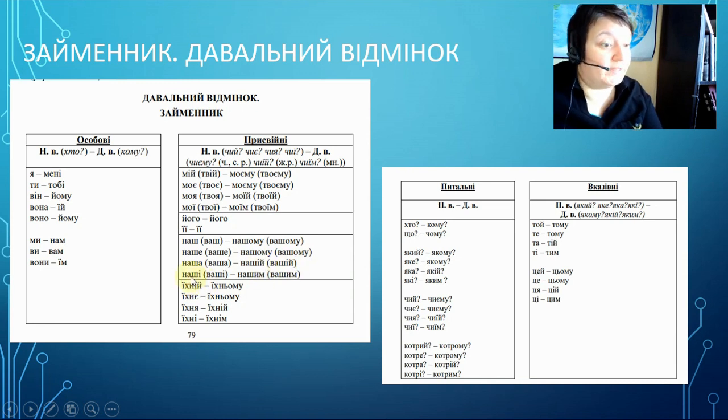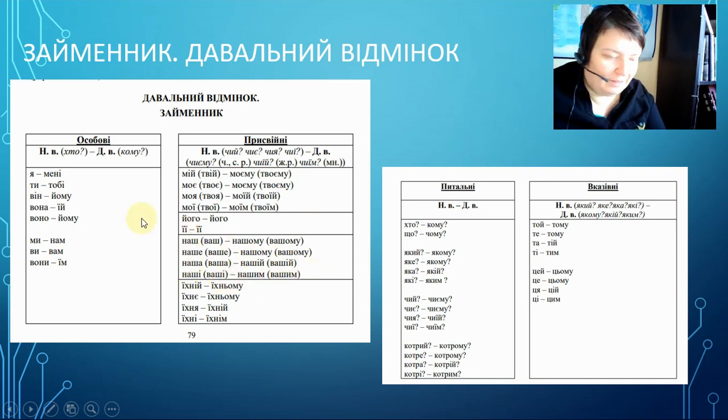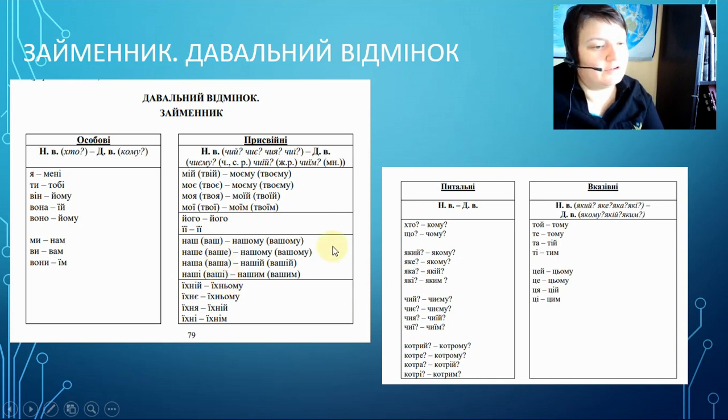Наші, ваші, plural. Нашим, вашим. Yes, the same. Everything is our, or наш, наша, наше, наші, it's our in English. Ваш, ваша, ваше, ваші, it's your in English.